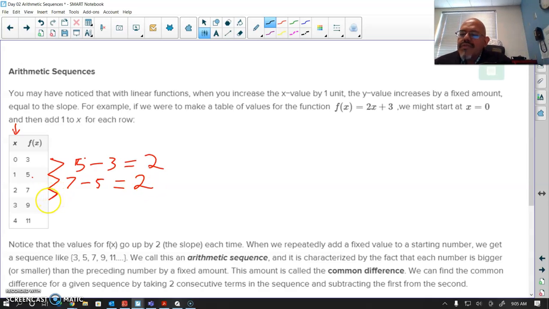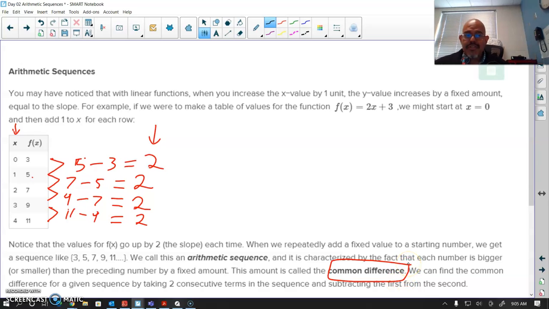Then you do the same thing for the next two. 9 minus 7, that also gives us 2. Then finally we have 11 minus 9. Well, that gives us a common difference of 2. Now, if you see right here, this is what they mean by common difference. Common difference is if you took the sequence and subtracted the numbers, the common number that you have in between them.